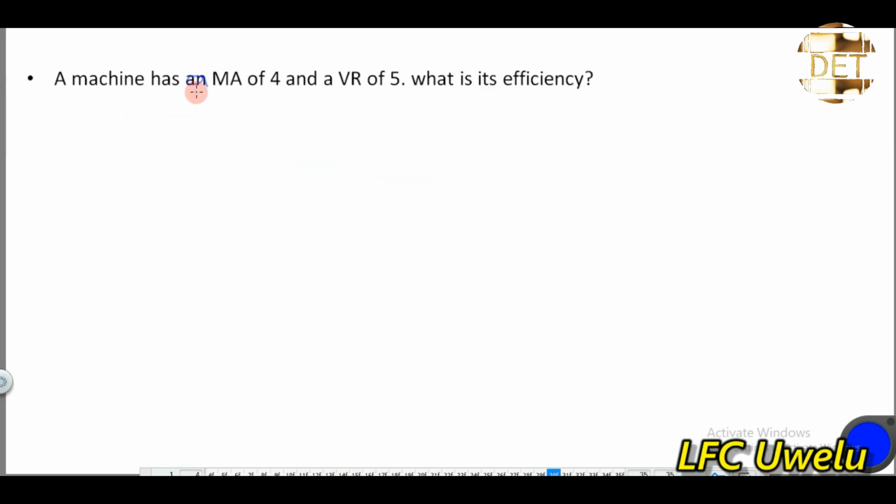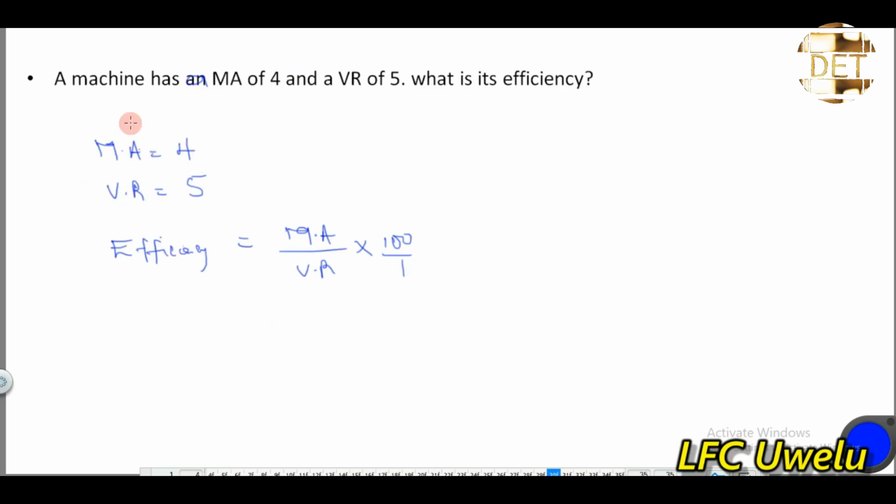Here is another question. A machine has a mechanical advantage of 4 and a velocity ratio of 5. What is its efficiency? So here we have the mechanical advantage equal to 4 and the velocity ratio equal to 5. Efficiency of a machine is equal to mechanical advantage over velocity ratio times 100 over 1.